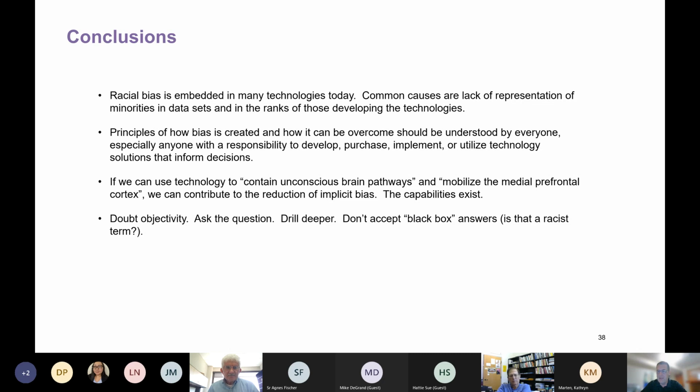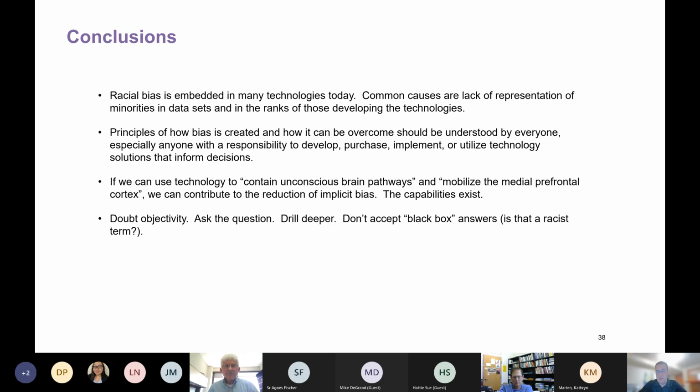This should be sort of basic standard knowledge, and I learned a lot in preparing for this. I was not aware of the neurological causes of bias and in some of the techniques that would allow me to work on my own biases, for example. But if you have responsibilities to develop, purchase, implement, utilize technology, then this type of knowledge should definitely be mandatory.